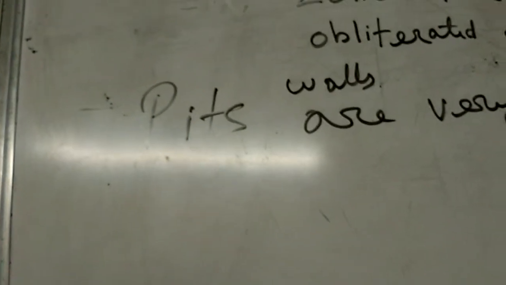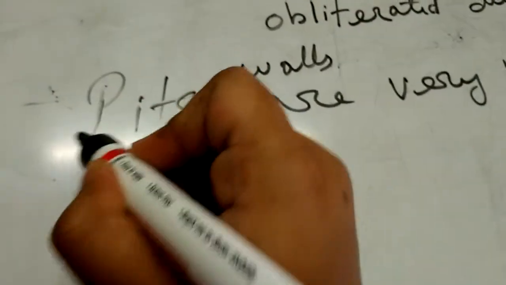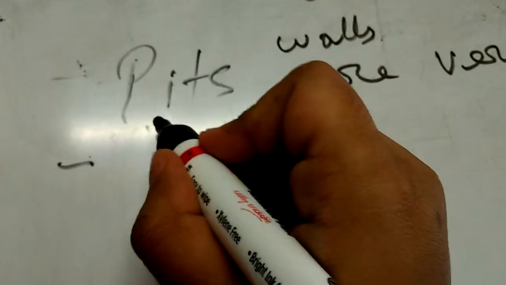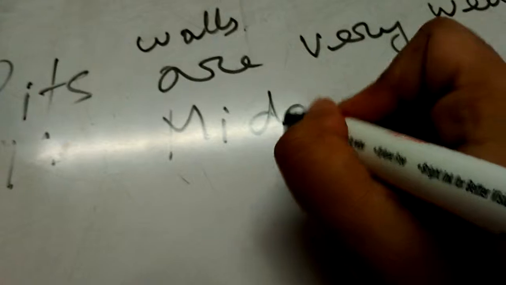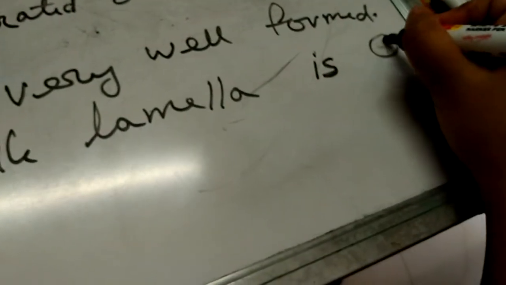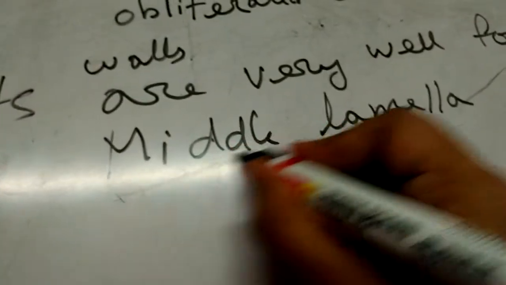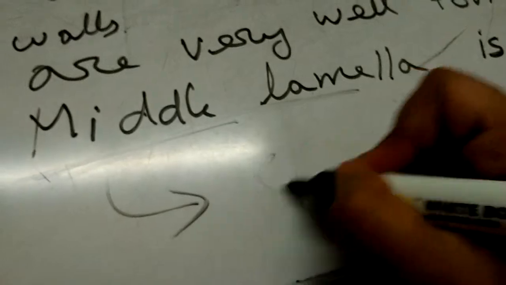Many times middle lamella is present in fibers. This is again a very important feature about fibers. So the middle lamella is present, which is a very characteristic feature about sclerenchyma.